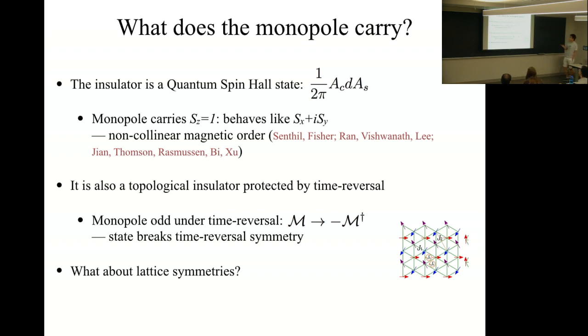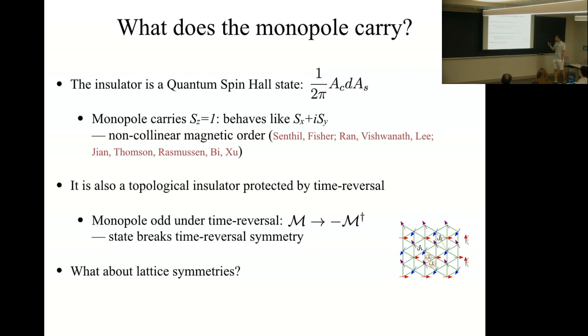Okay, so let me continue. It's a quantum spin Hall insulator. You can write down a response like this, where A_C couples to the gauge charge, and A_S couples to the conserved S_z spin. But by definition, what that means is if I have a monopole, it carries spin S_z quantum number equal to 1.